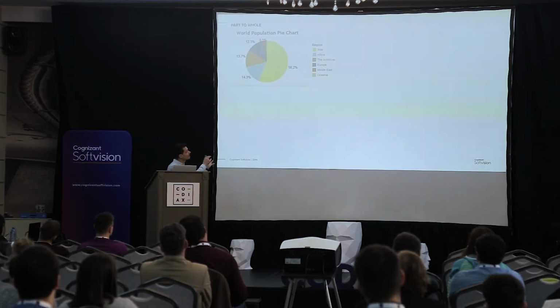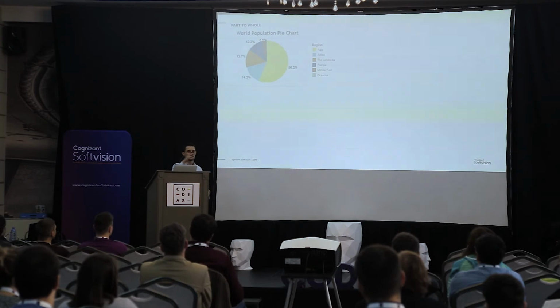You have to read one thing, then go to the legend, and so on. And usually you don't even have enough space for the labels of the smaller slices. I have a really small slice here, Oceania. I know it's 0.5%. I don't know how much is Middle East. You can try some workarounds to show that data somehow.